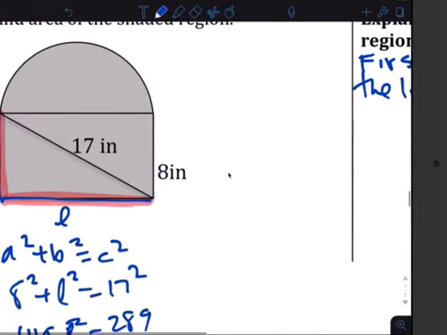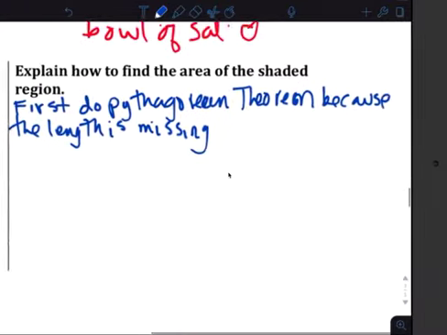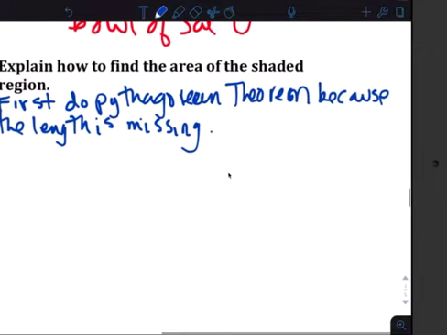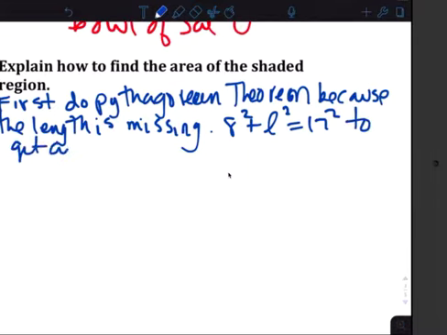So the length is 15. So also the diameter then is 15, right? So first do the Pythagorean theorem because the length is missing. 8 squared plus L squared equals 17 squared to get the answer of 15 inches in length.